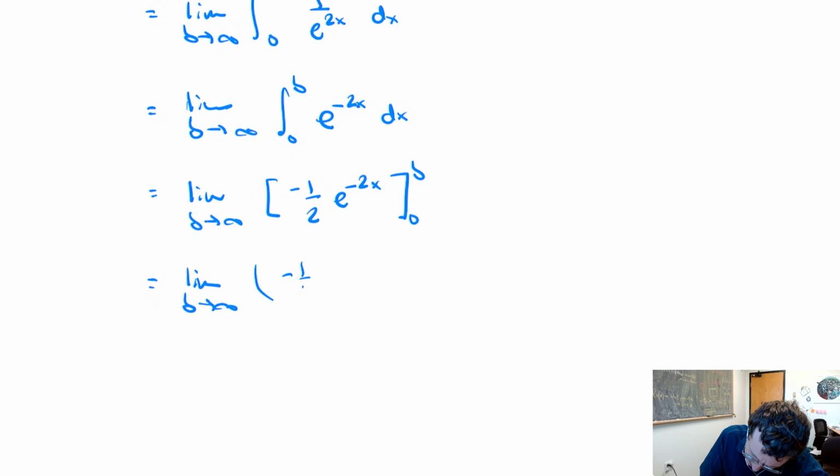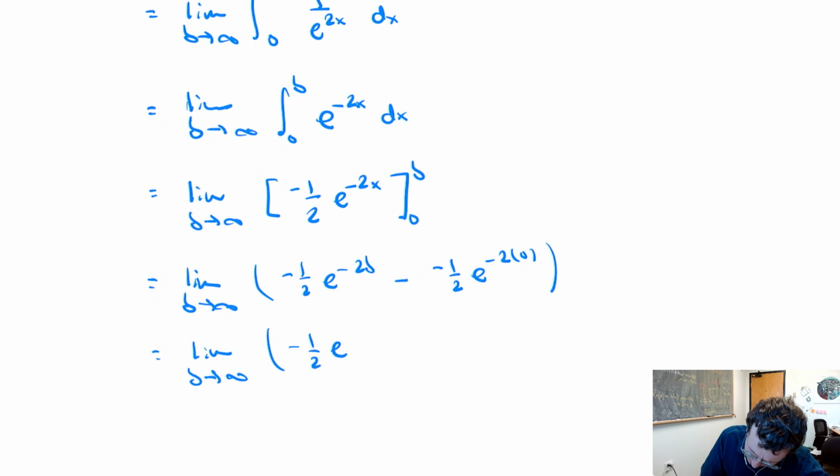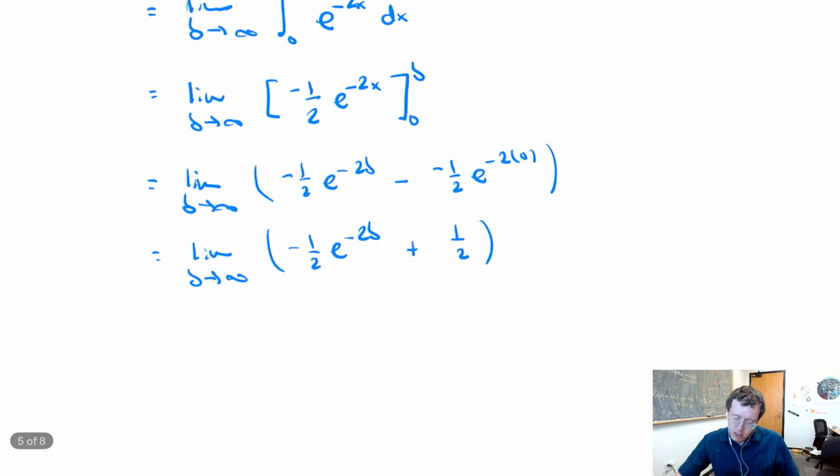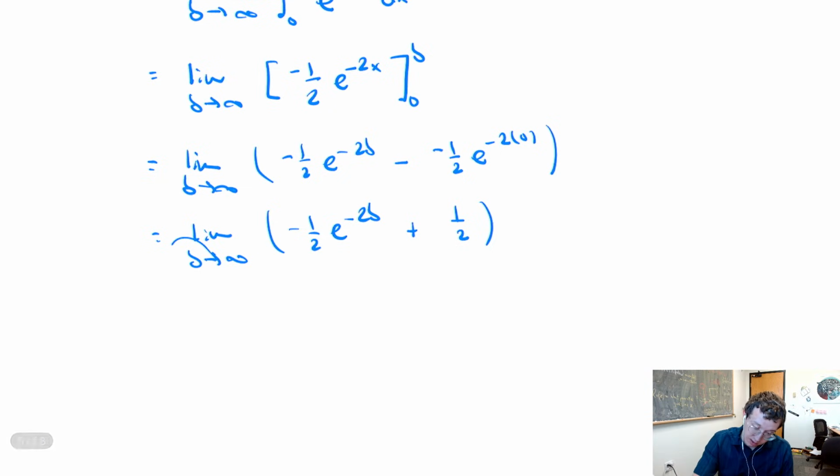So I have minus 1/2 e to the minus 2b minus minus 1/2 e to the minus 2 times 0. I get the limit of minus 1/2 e to the minus 2b plus 1/2. Well, e to the 0 is 1, so it's just plus 1/2. And, okay, so the b is going to infinity.